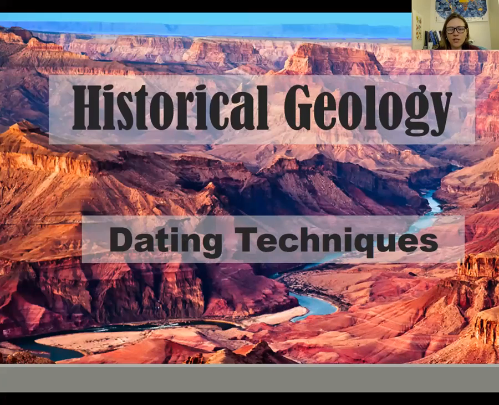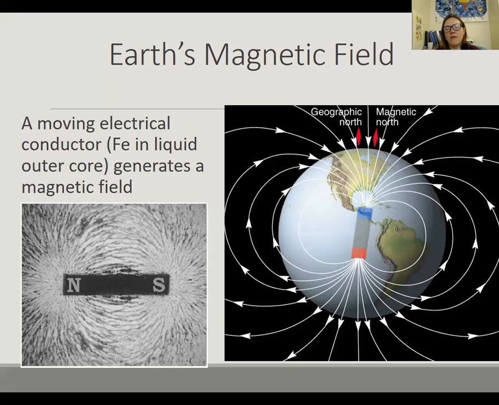Okay, so the first technique that I want to talk about is within the field of paleomagnetism. We already talked about, in the context of plate tectonics, the fact that the Earth itself forms a giant magnet. The outer core of the Earth has this fluid iron layer that creates an electrical conductor. So it's this giant magnet.